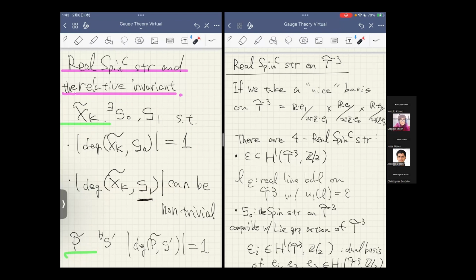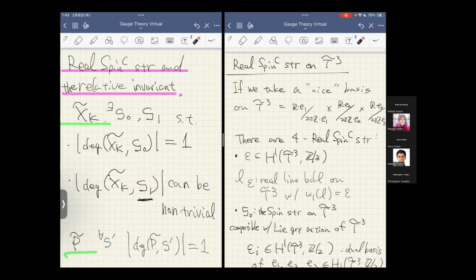And on P tilde, for any real spin^c structure, our invariant equals 1. So the problem is: when is this real spin^c structure extended to all of the four-manifolds? That is, when is this real spin^c structure extended to P tilde?